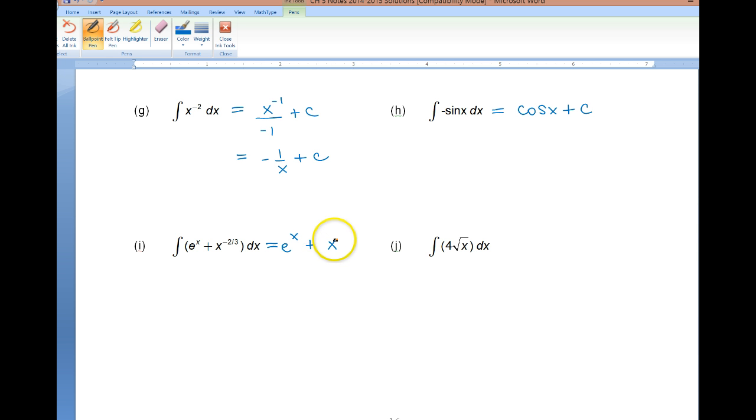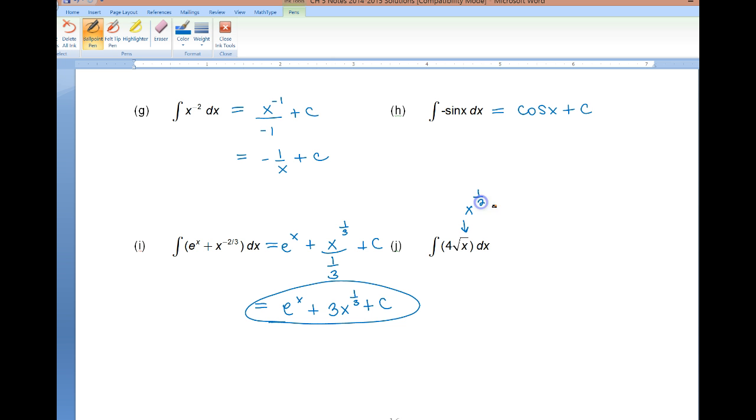e to the x plus, okay, now x to the -2/3. If we add 1, we get 1/3 over 1/3. So we want to rewrite that as e to the x plus 3x to the 1/3 plus c. And then think of this as an x. This is product rule, right?